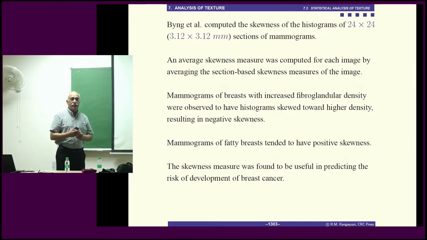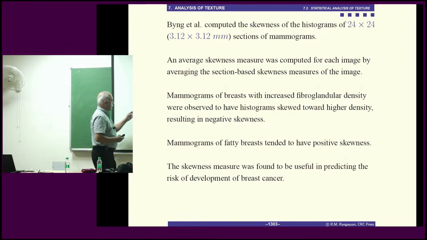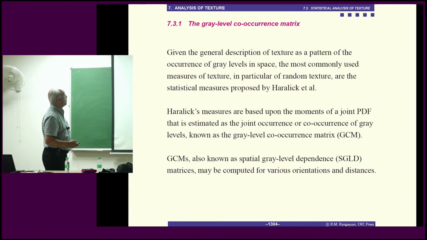That was shown to be a good feature, just one feature. The skewness measure was found to be useful in predicting the risk of development of breast cancer related to higher breast density or tissue density in the breast. So that's a basic application of one of these four very basic statistical measures.